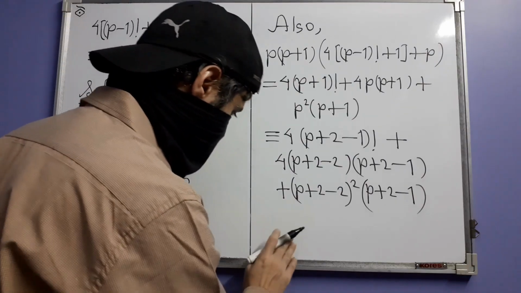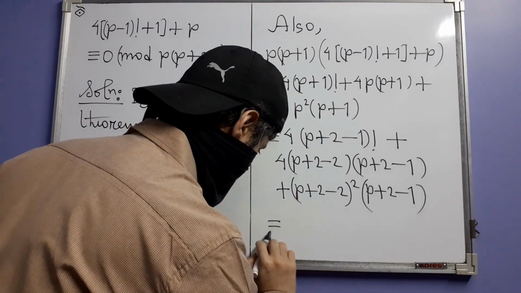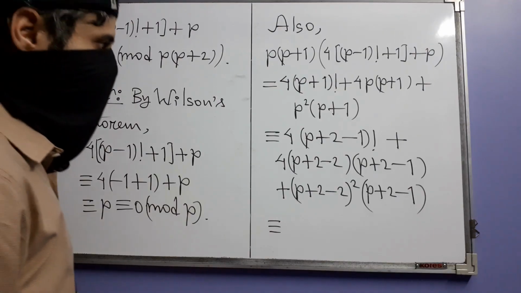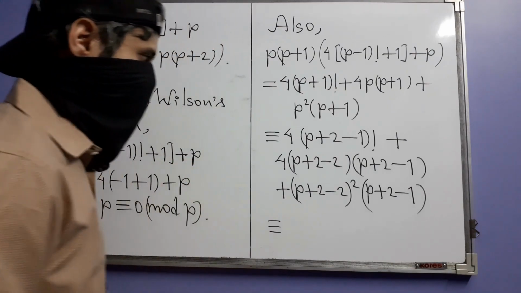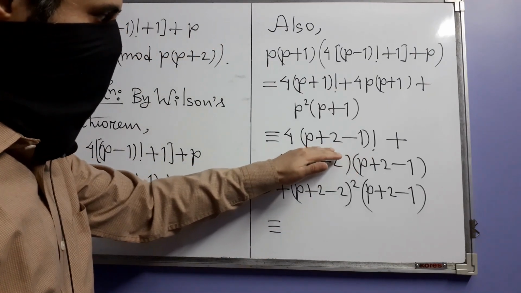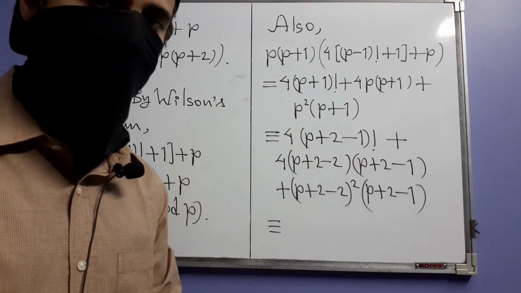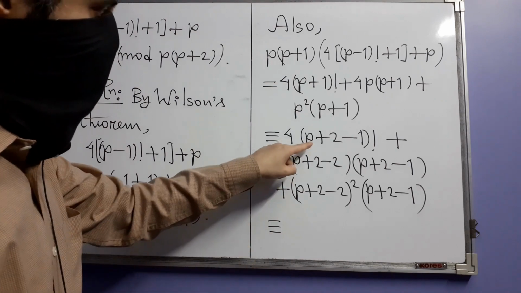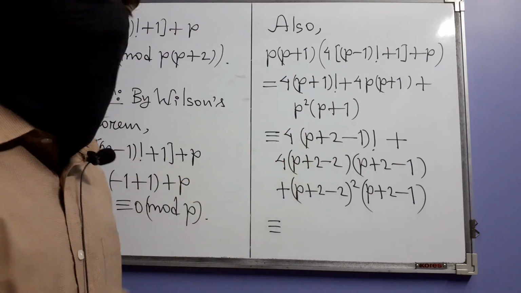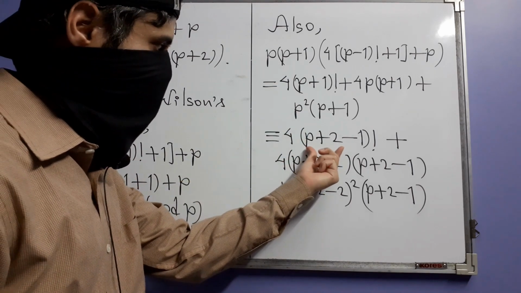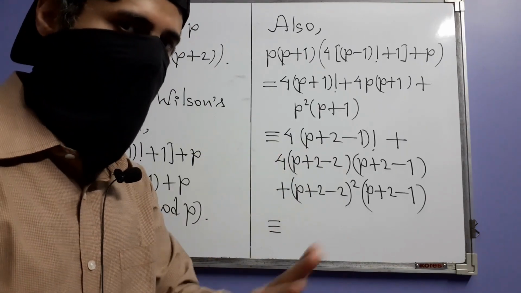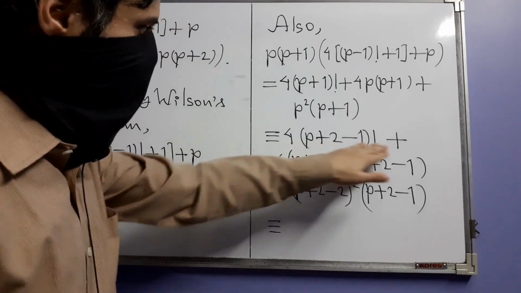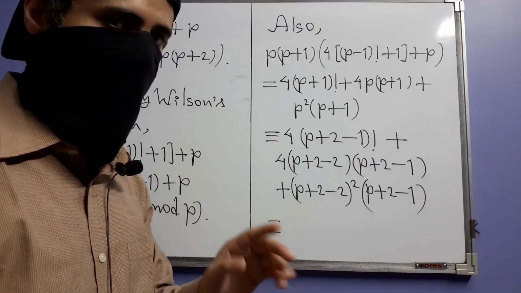Now considering that our modulus is p plus 2, what shall we get? You see, do not just simply remove p plus 2 and write minus 1 factorial. Don't do that, okay? Instead, you can apply Wilson's theorem here. Because our p plus 2 itself is a prime and that is the modulus, so this factorial is congruent to minus 1.